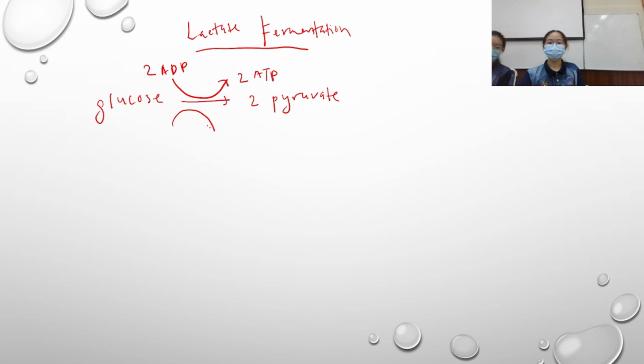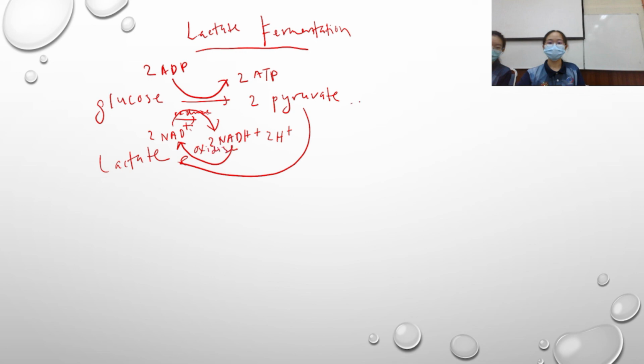At the same time, 2 NAD+ are reduced to NADH and H+. Then 2 pyruvate will receive the electrons from the NADH and be reduced to lactate, and NADH will be oxidized to NAD+. So the total ATP produced in lactate fermentation is only the 2 ATP already produced in glycolysis.